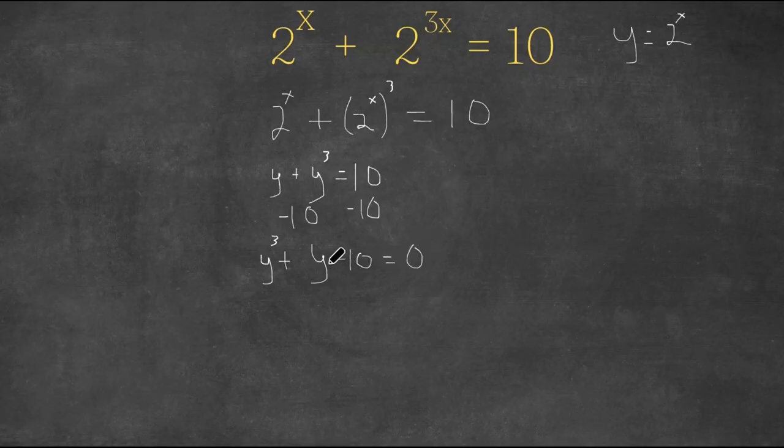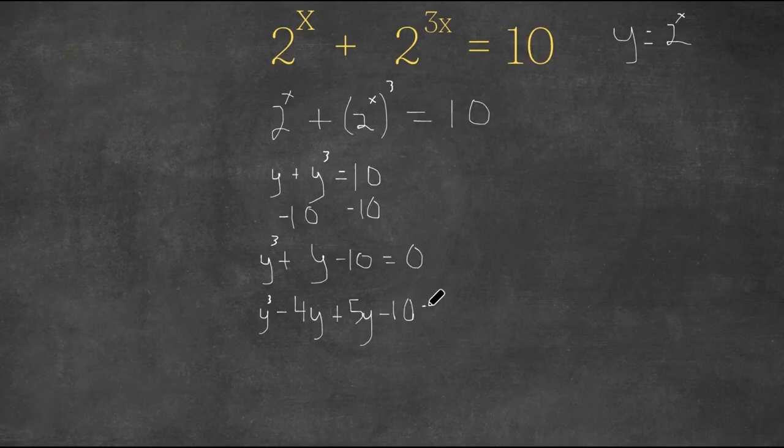So now, to factor this, we're going to rewrite this y as minus 4y plus 5y, and we still have the minus 10 here.